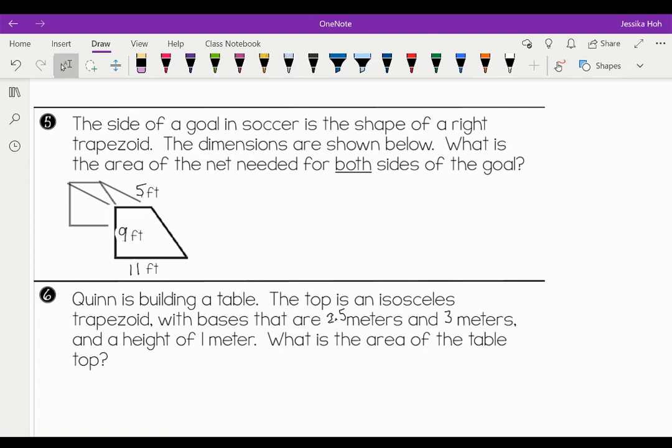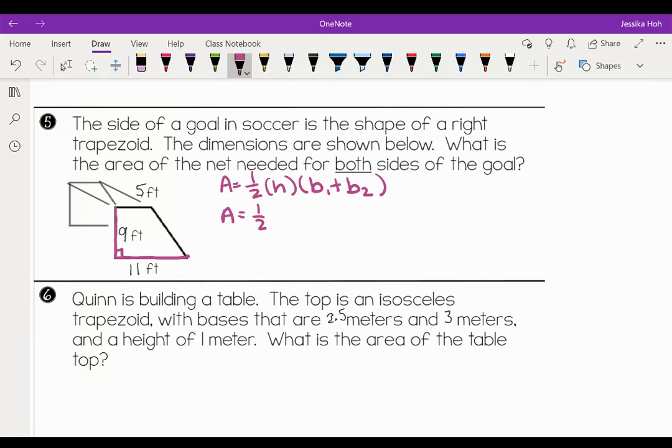All right, so first thing is first, we need to find out the formula we're using. Area is 1/2 of height times base 1 plus base 2. All right, our height, so remember, perpendicular line.